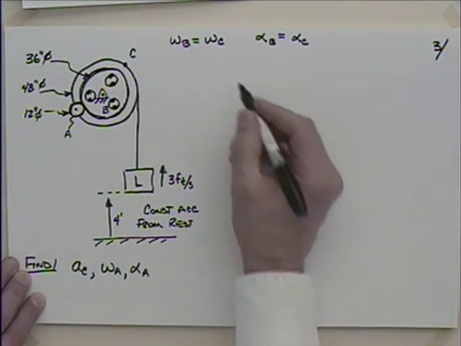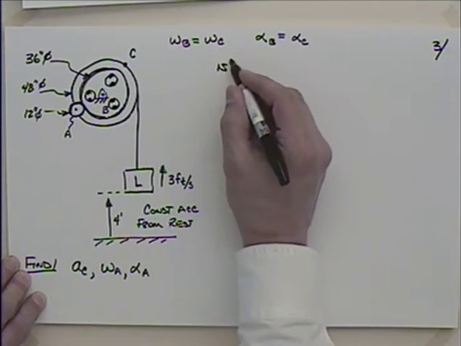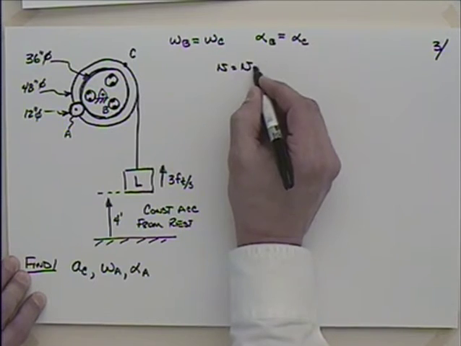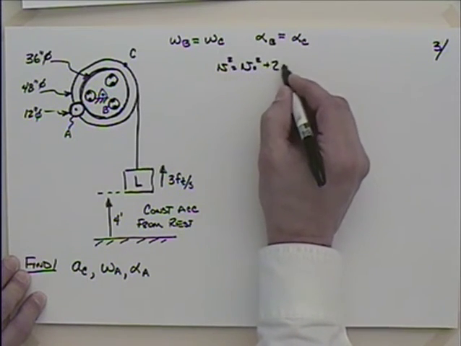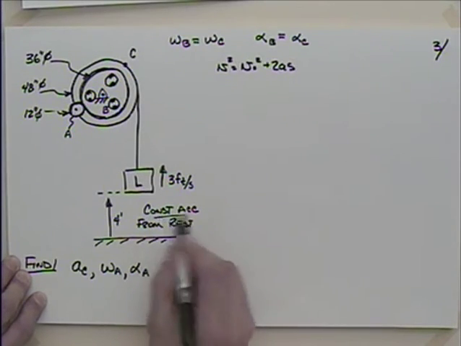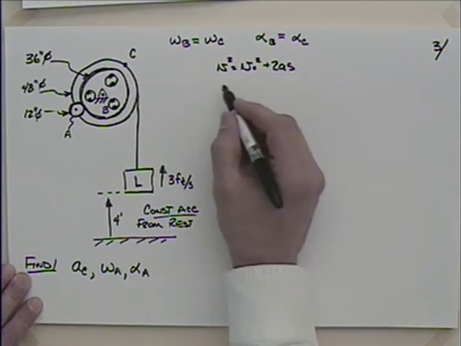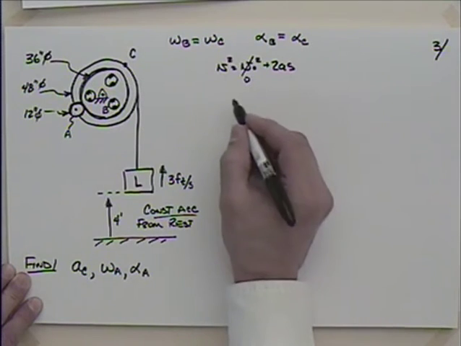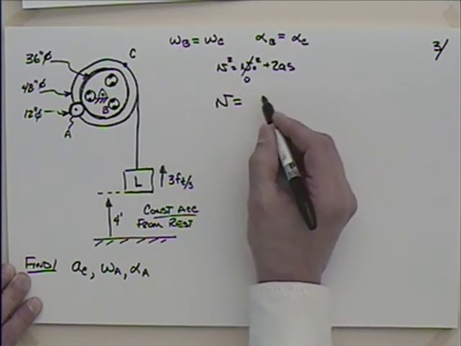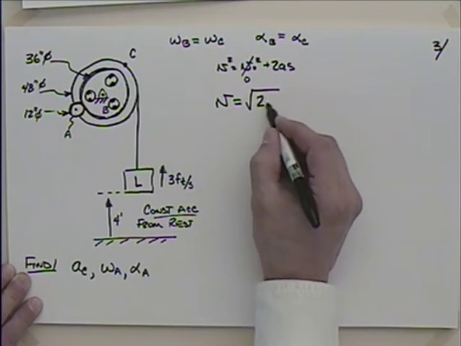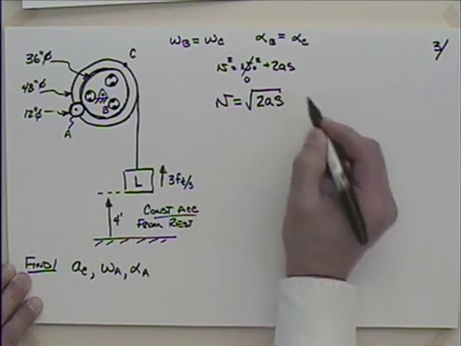We could say that V squared is equal to V naught squared plus 2AS if I have constant acceleration, which I do. So if V naught is equal to 0 starting from rest, then the velocity V is equal to the square root of 2 times A times S. Is that right?